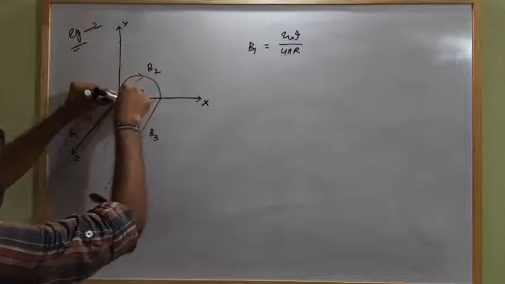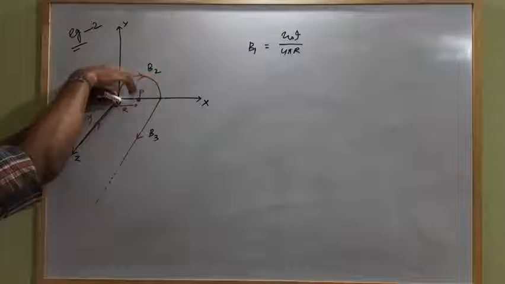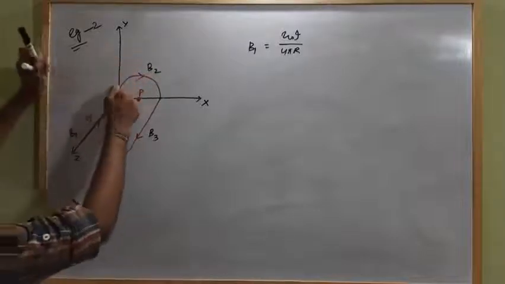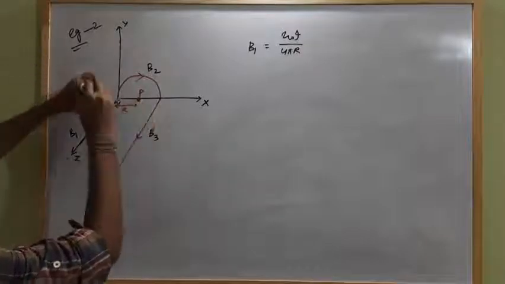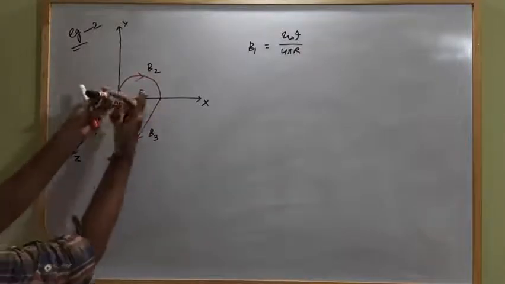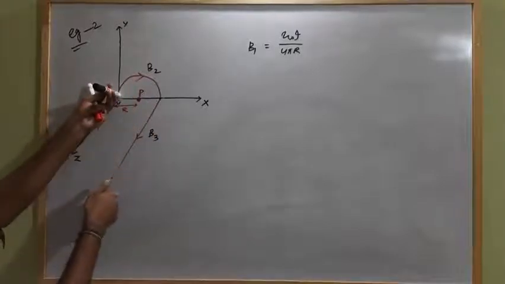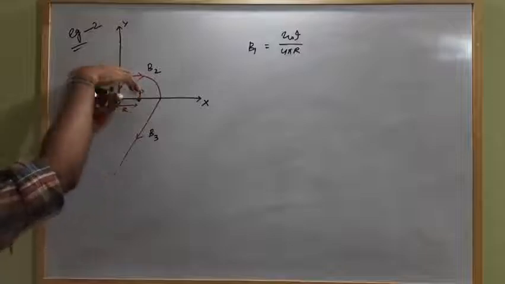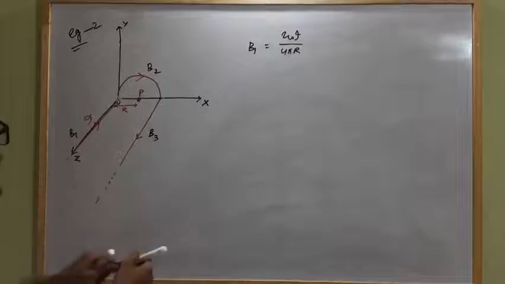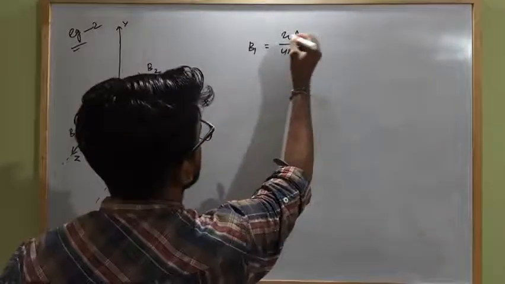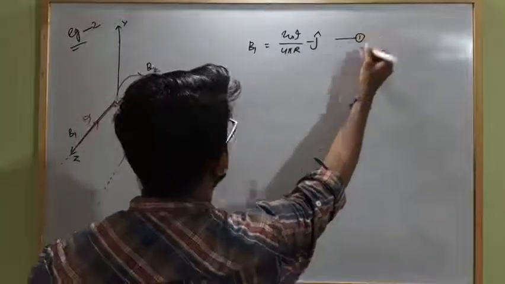At this point I want to calculate the magnetic field strength, so if current goes like this, fingers will be like this, so at this point the finger will be in minus y axis, because this is the point of observation, this is z axis, into the whiteboard will be minus z axis, this will be minus x axis, and downward will be minus y axis. So if at this point the fingers go like this, the magnetic field direction will be minus z cap. Clear? Let it be equation 1.